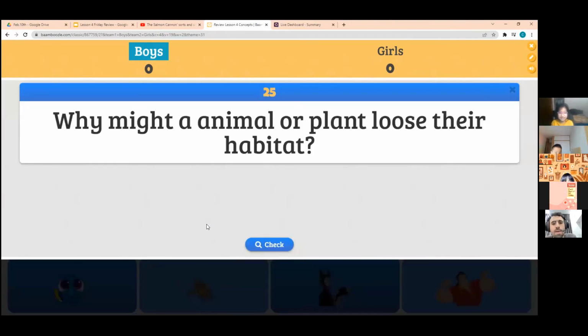Very cool. Why might an animal or a plant lose their habitat? Remember, a habitat is their home. Why might a plant or animal lose their home? To travel somewhere new. Why might they travel somewhere new?